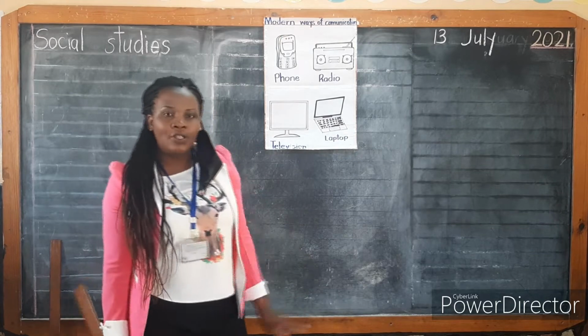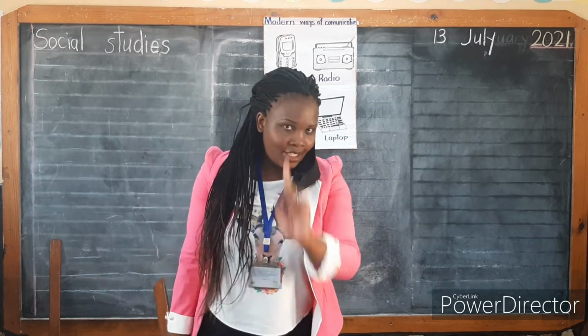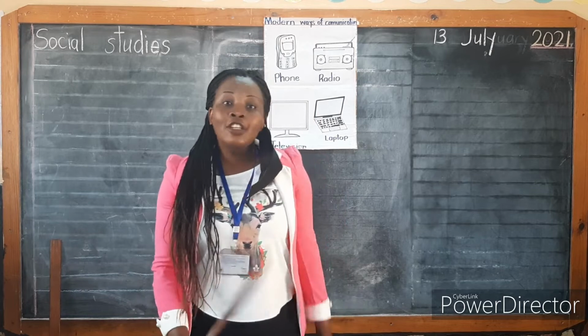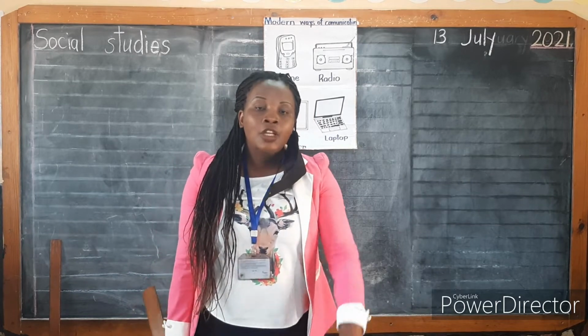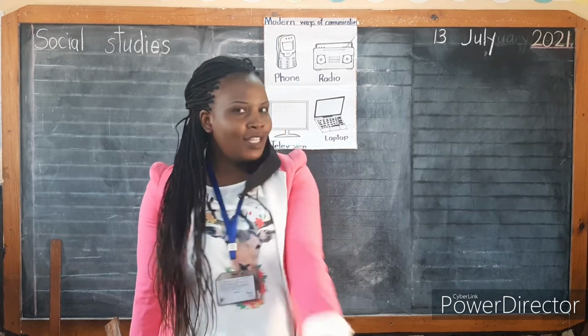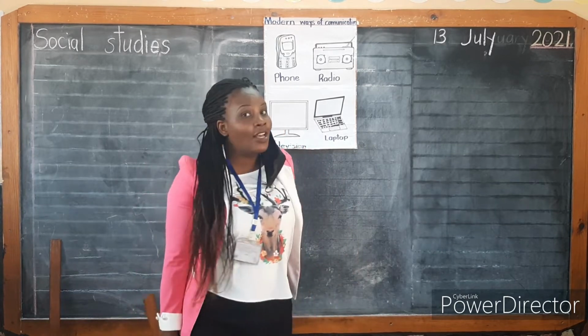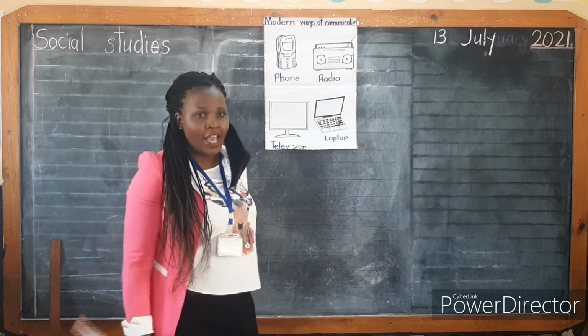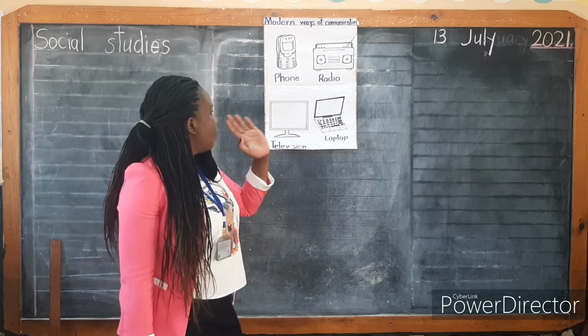Remember, I also said some of you have got tablets in your homes. Yes, you can also use a tablet to call grandma. And you know how interesting it is? You'll be able to see grandma's face, grandpa's face, uncle's face, or your brother's face using a tablet.